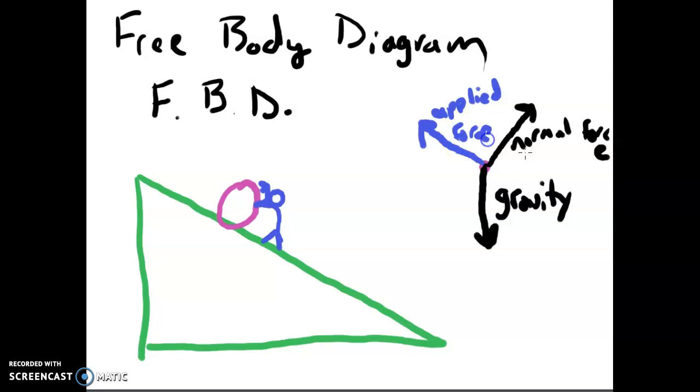Okay? So our free body diagram can have as many forces as are on the object, but only forces that are on the object, right? Notice I didn't talk about what forces were on the ramp or what forces were on the person. For this particular free body diagram, I stuck to only the forces on the ball.